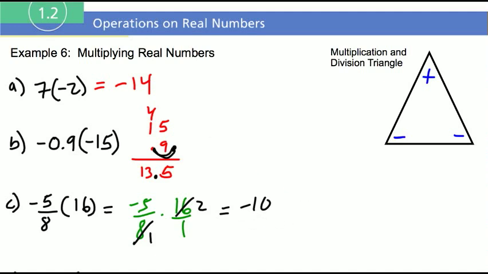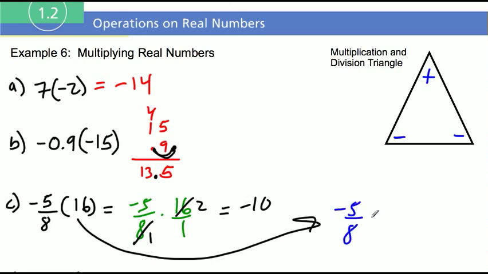Okay. The other way you could have thought about this problem, I'm going to do in blue here, is you could have multiplied straight across, negative 5 times 16, which I don't recommend. That gives negative 80 over 8.